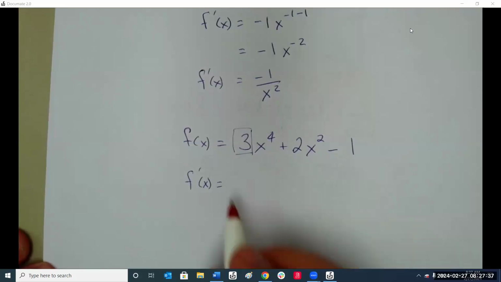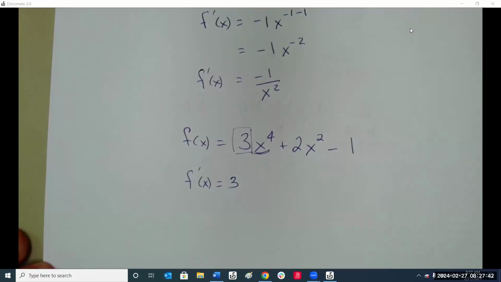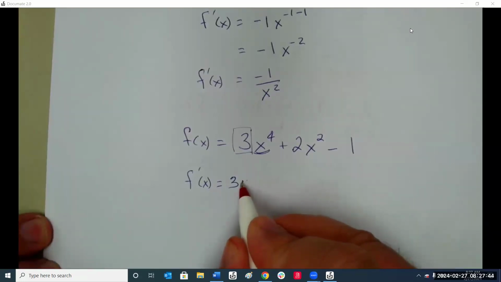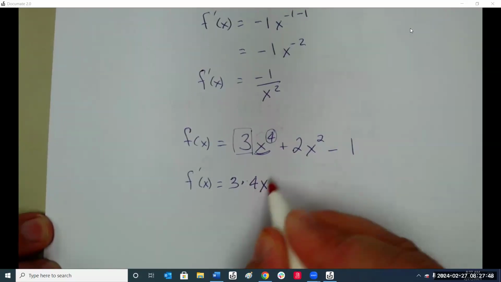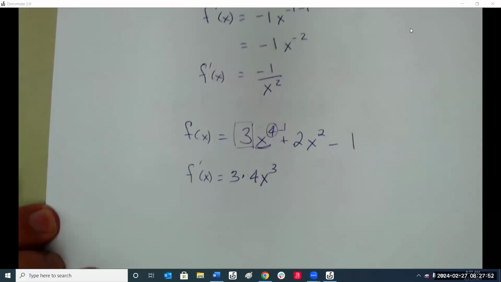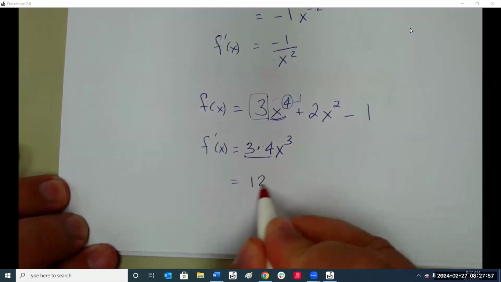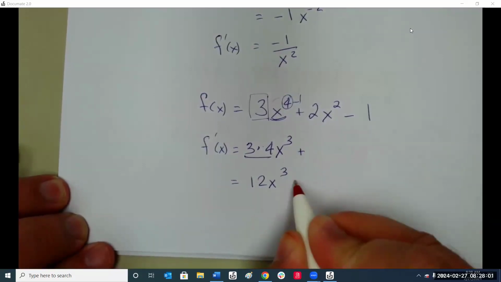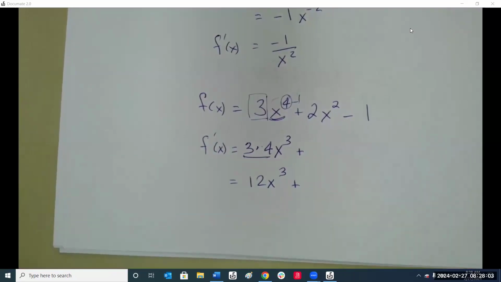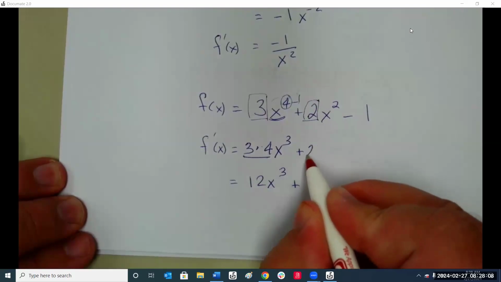So what happens here? We have the constant coefficient in front, leave it alone. What's the derivative of x to the 4th? Bring the power down, so it's 4x, and subtract 1 to the 3rd. So this part is 3 times 4 is 12x cubed. The next one, there's the constant coefficient.